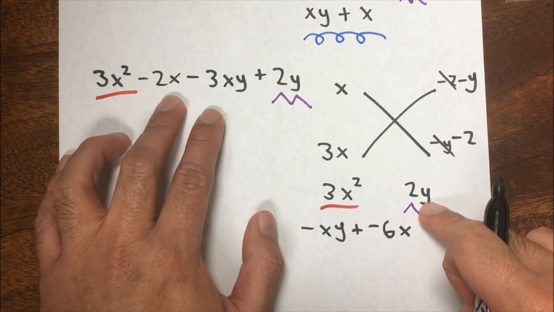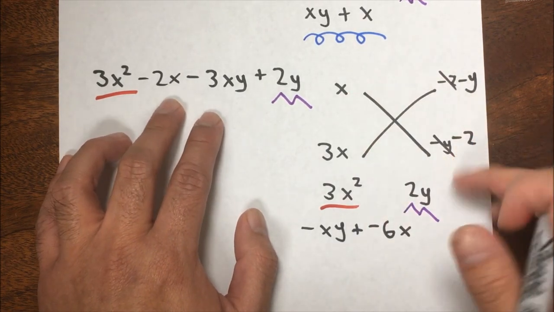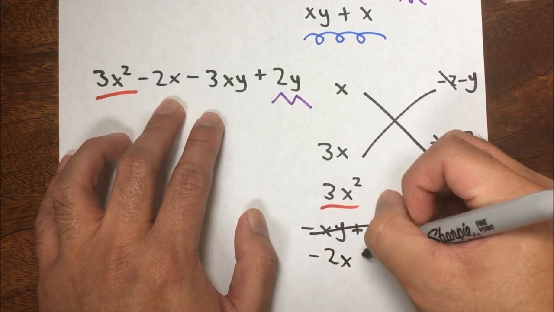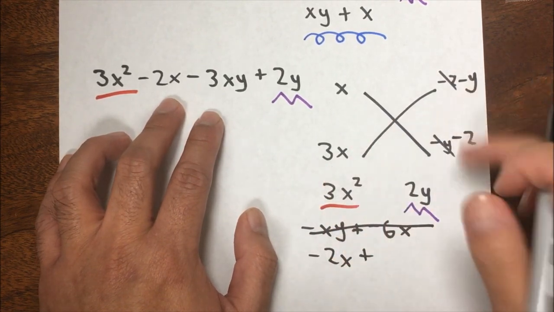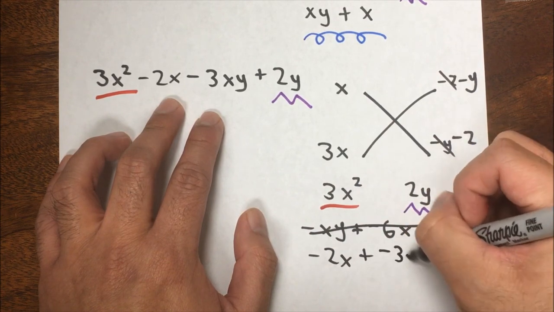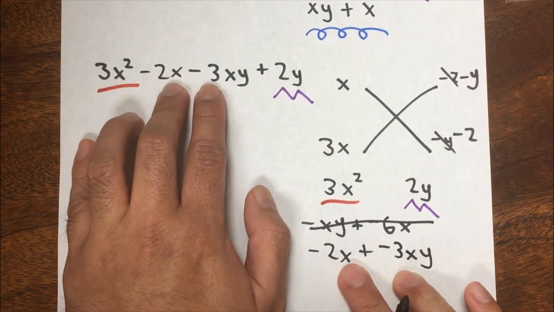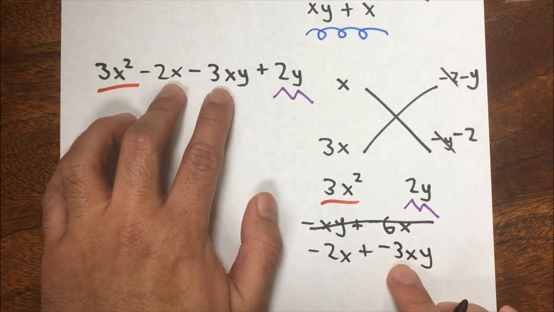Let's check the middle terms. X times negative 2 is going to give us negative 2x, plus 3x times negative y is negative 3xy. And that does match, negative 2x and negative 3xy.